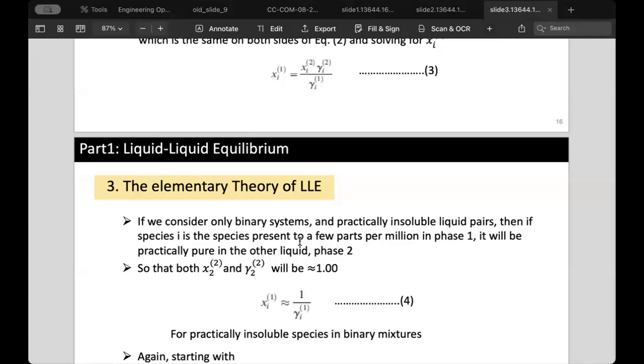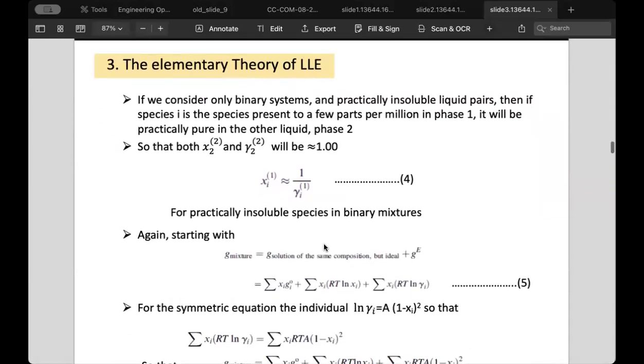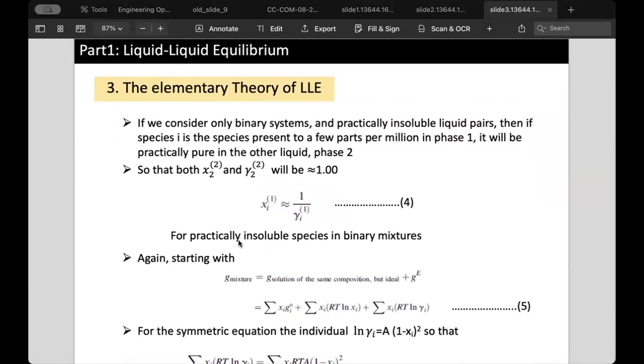Or you can write the mole fraction of benzene in the water rich phase equals 1 over the activity coefficient of benzene in the water rich phase, right? This is analogous for the water component. This is for practically insoluble species in a binary mixture.